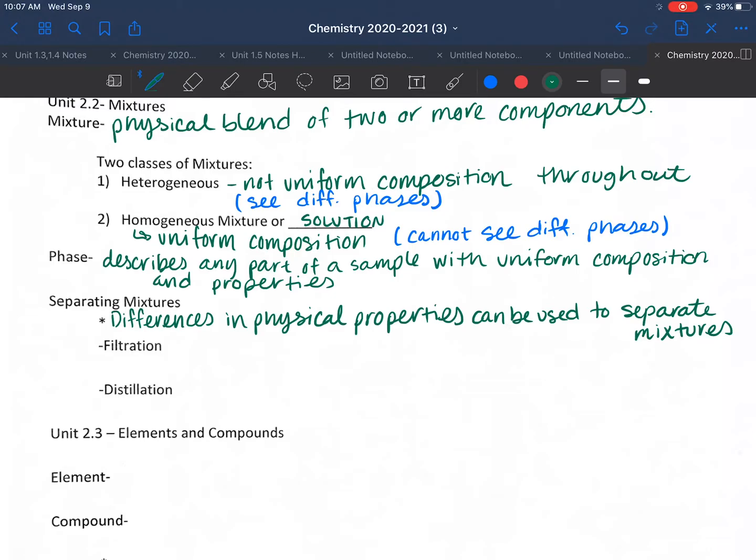We should be pretty confident in knowing what physical properties are now. For example, a physical property could be something's melting point or boiling point, and we can exploit those to separate substances from each other. Filtration is a method that separates solids from liquids.